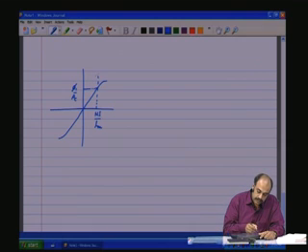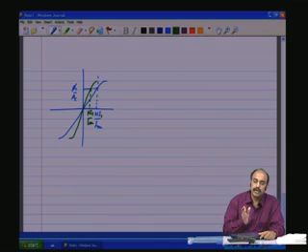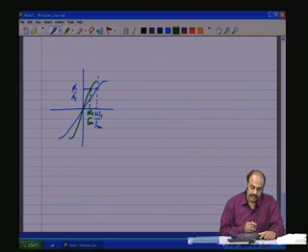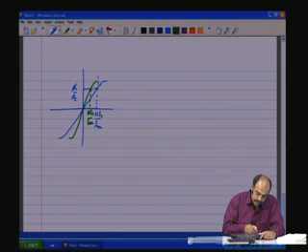Now, if this slope is made steeper, then it implies that to get the same flux phi1, I need to pass lesser current. If this were I1, this will be Ni2 by Lm, and so on. If the slope keeps on becoming higher and higher, which means the permeability is improving, because this slope is nothing but mu.